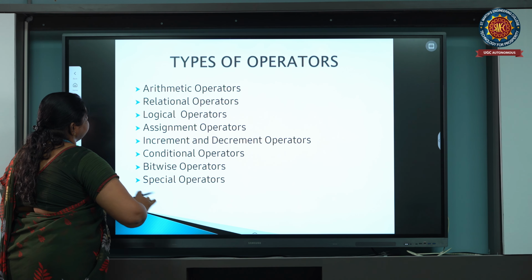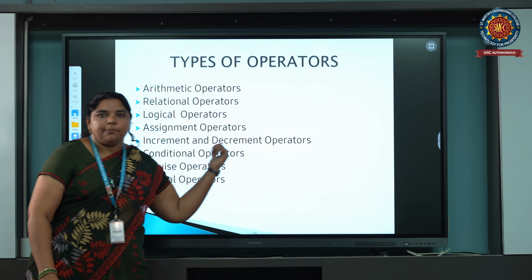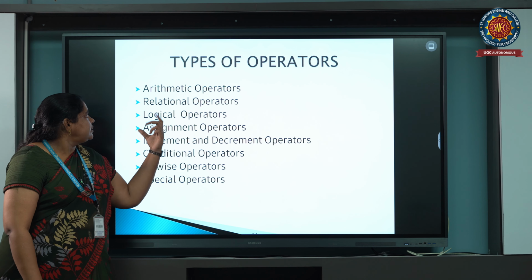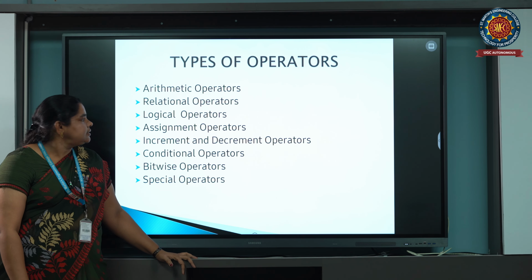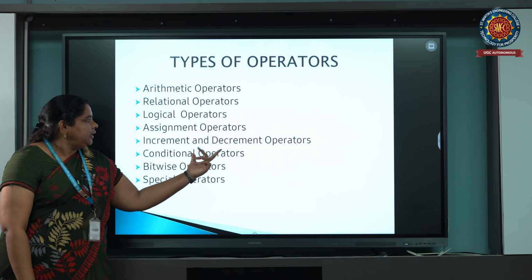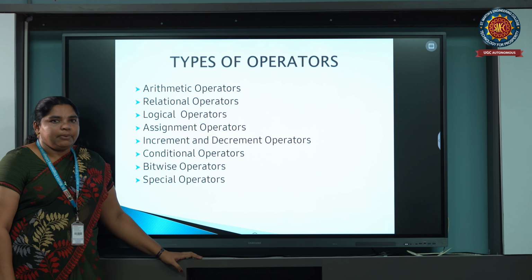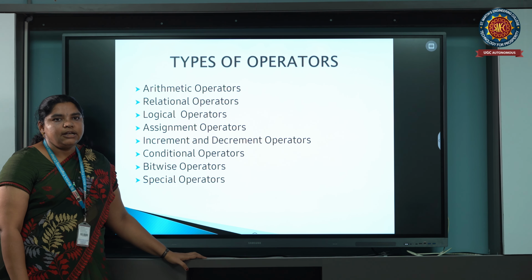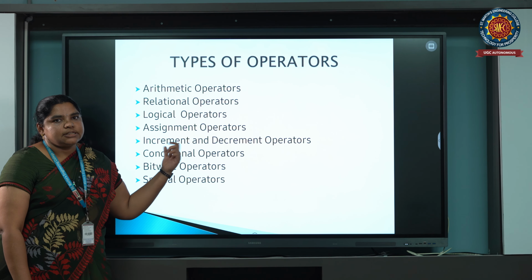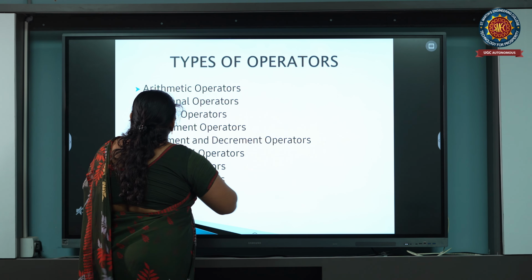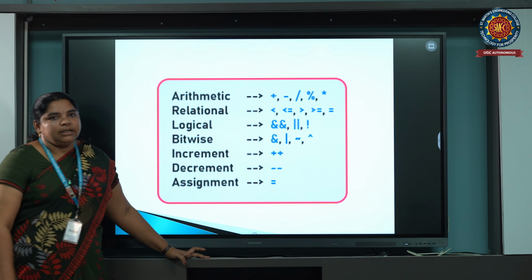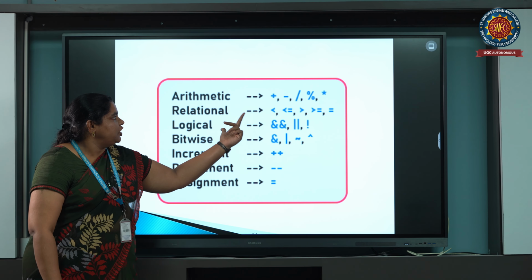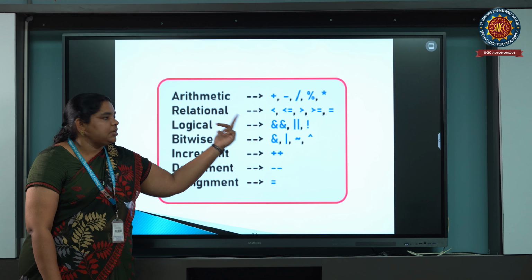And what are the types of operators here? Arithmetic operators, relational operators, logical operators, assignment operators, increment or decrement operators, conditional operators, bitwise operators, and special operators. First we discuss what is meant by arithmetic operators. They are small symbols: addition, subtraction, multiplication and division.